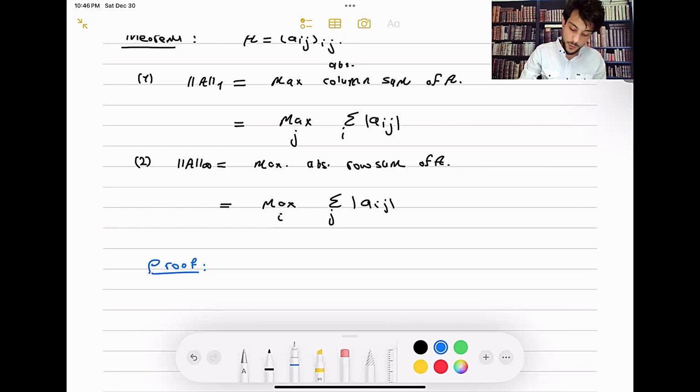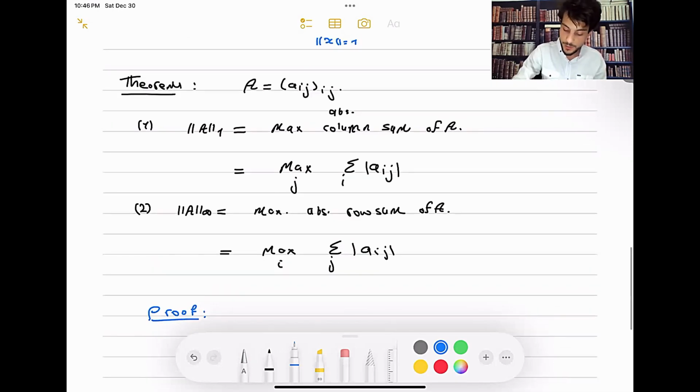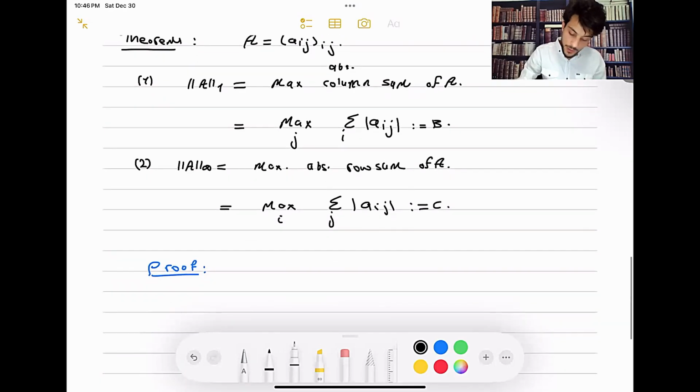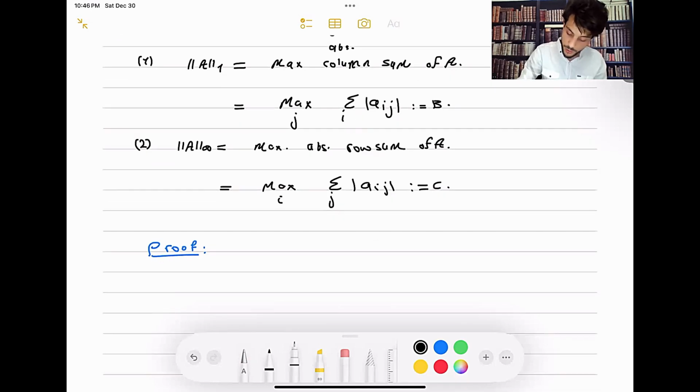Okay, so let's see what we want to prove, and let's see how it goes. Let us denote this by B and this by C, just for ease of notation. And let's start with the first one.